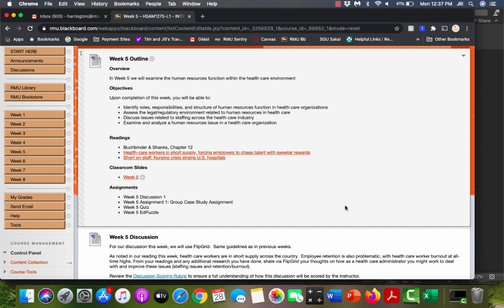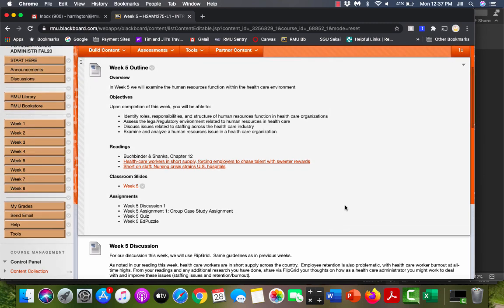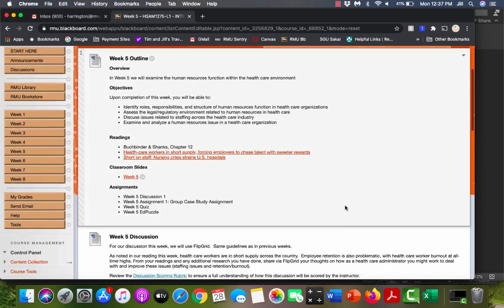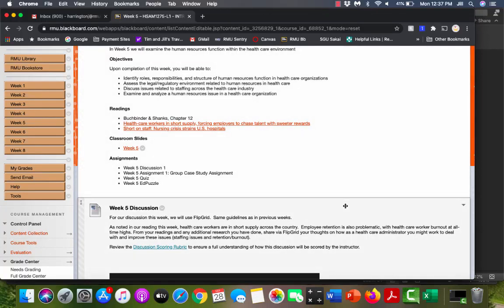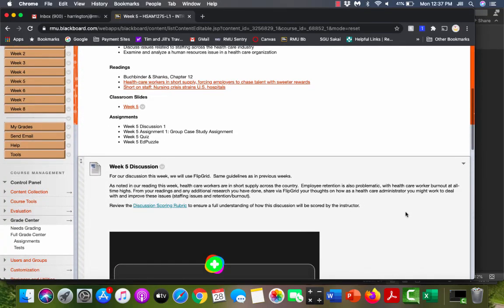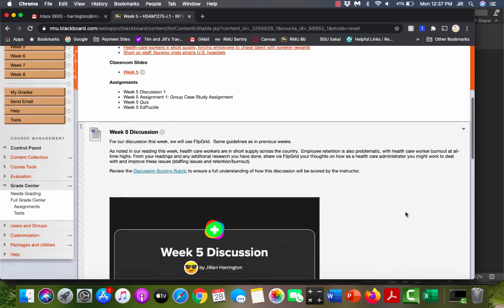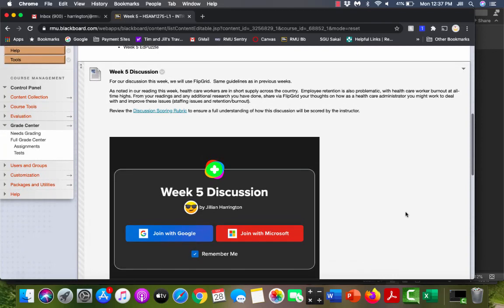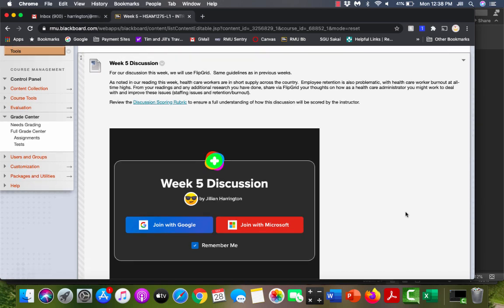Things like shortages of staff, issues with employees themselves, disciplinary action, regulatory issues related to employees, etc. So it's important to be knowledgeable and understand not just the personal aspects of it, but some of these regulatory aspects and things that HR folks face every day. If managers can understand that as well, then it helps to facilitate those issues.